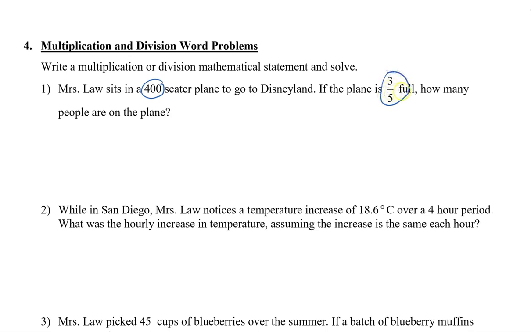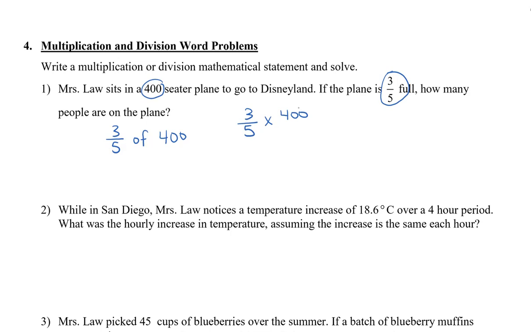Now it's 3/5 full, and I'm going to write this in words. So it's 3/5 full, and normally full is 400 people. So 3/5 of 400 means that we're taking a part of 400. In math language, that means we're going to go 3/5 times 400.